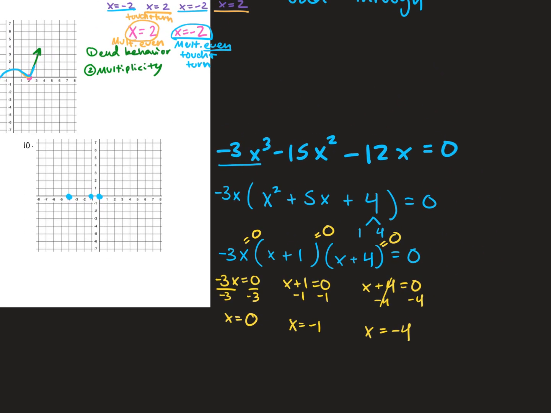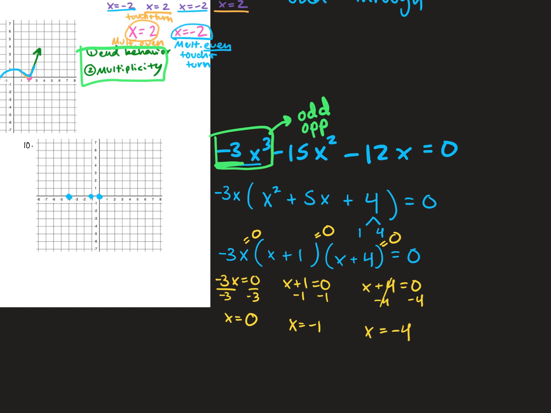All right, now two things that we need to talk about are the end behavior and multiplicity. Let's talk about our end behavior first. So our exponent, is it even or odd? So are they going to go in the same direction or opposite directions? Opposite directions. So it's negative, our leading coefficient's negative.